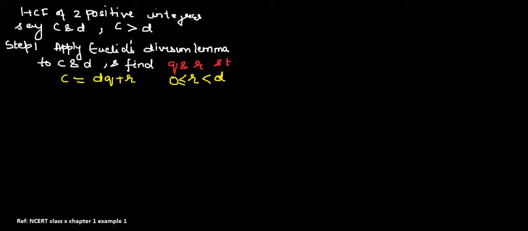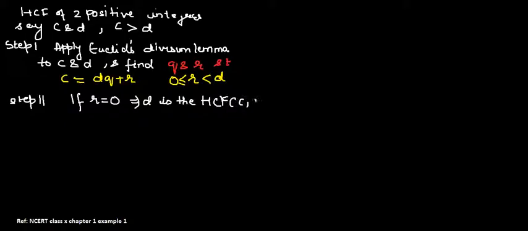Now what is step 2? Step 2 would be: if R is equal to 0, that is you do not have any remainder left, then that would imply that D is the HCF of C and D. Otherwise, what will we do?